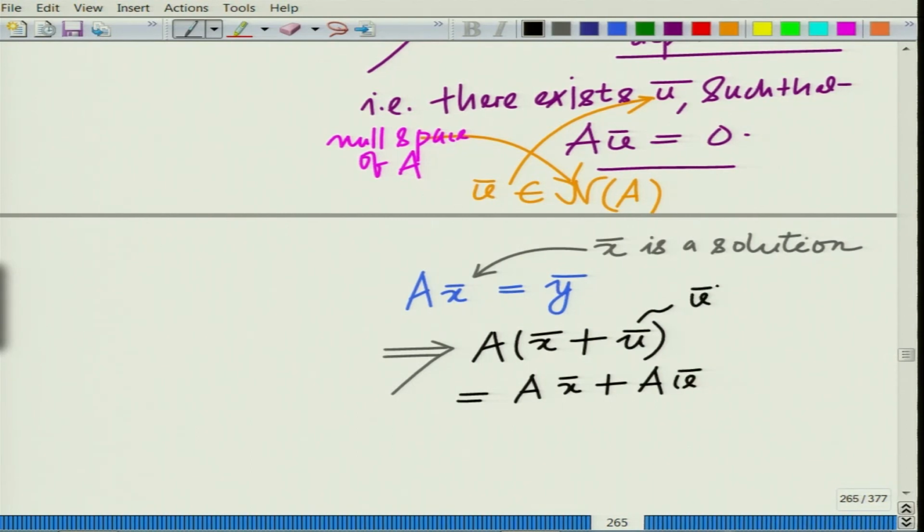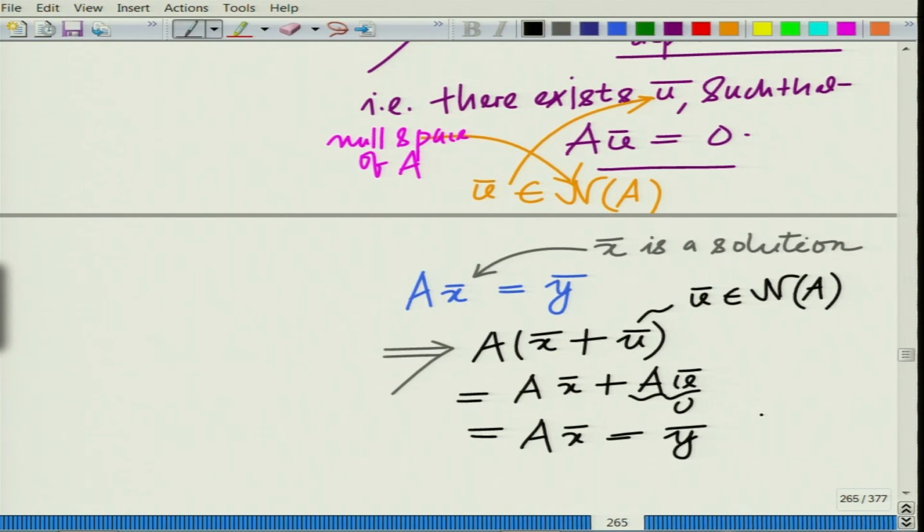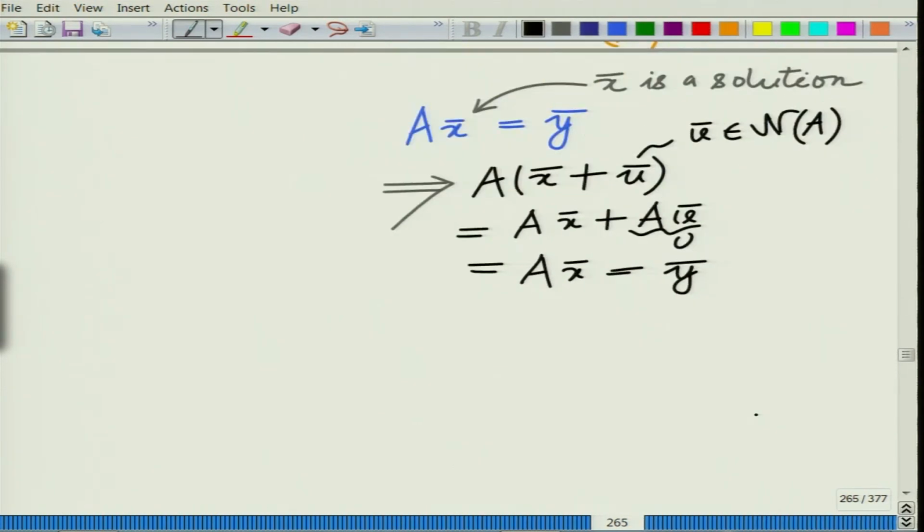Now, u bar belongs to the null space of A, so A u bar is 0. So, this is equal to A x bar, which is equal to y bar.